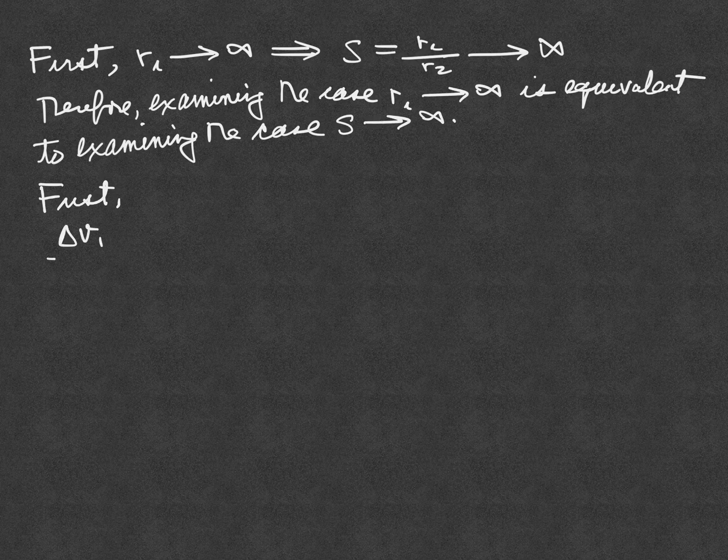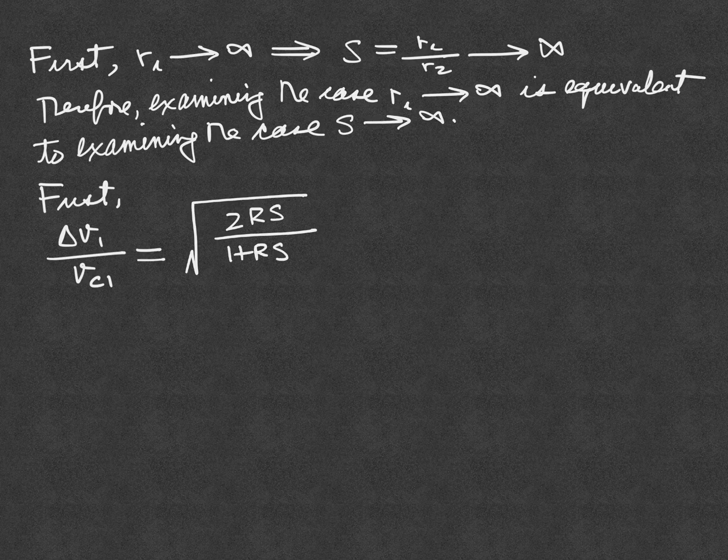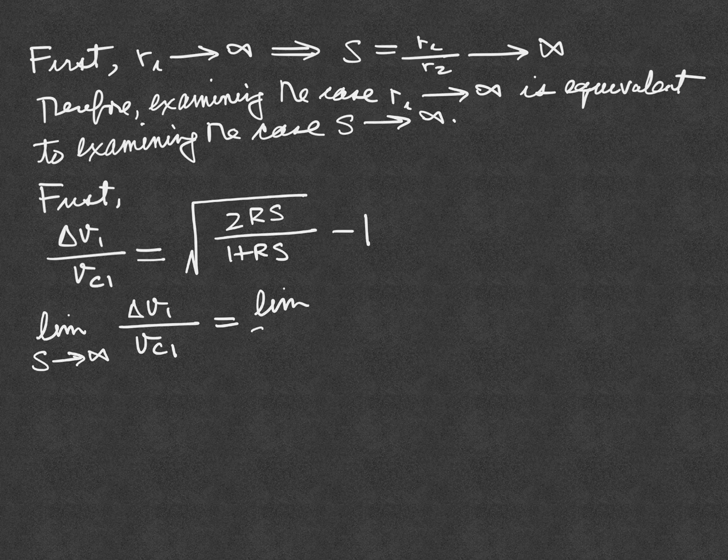So first, delta V1 divided by VC1 is equal to the square root of 2RS over 1 plus RS, minus 1. If we take the limit as S approaches infinity of delta V1 all divided by VC1, that's equal to the limit as S approaches infinity of the square root of 2RS over 1 plus RS, minus 1.